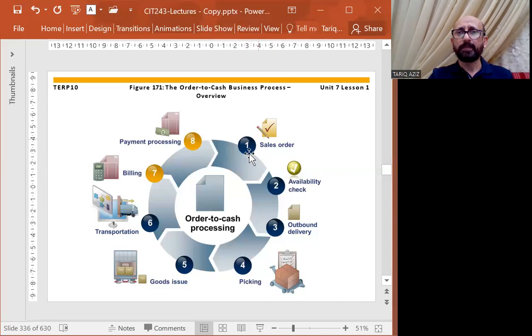So we create the sales order, and when you are creating the sales order, the system automatically looks at the availability of the material, and that is happening in material management. Although we are in the sales process, since they are all linked, this availability check is happening in material management, looking at the inventory, if the stock is there or not.